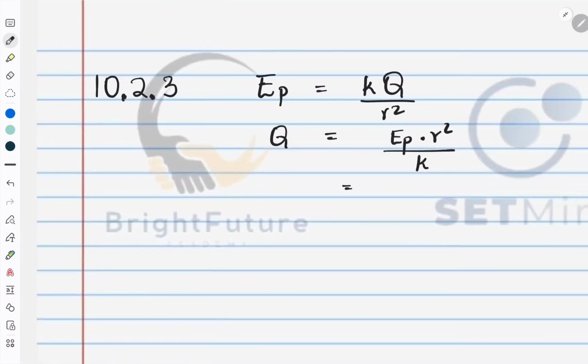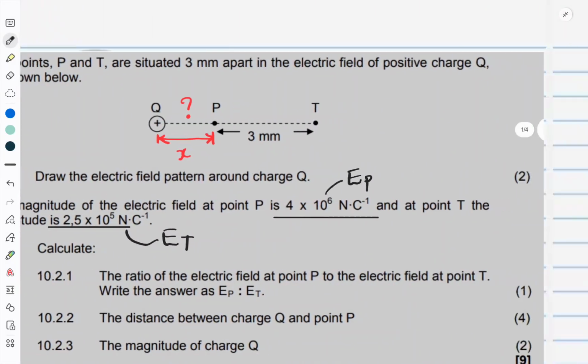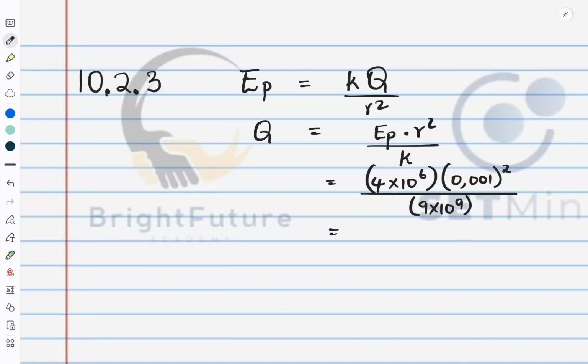Then we know we're given EP, right? EP is given to be 4 times 10 to the power 6. So we take that, we put it there, right? And we just calculated the distance between Q and P as 0.01. We square that, and then we put our constant there. Right, at grade 11 you should know how to make something subject of the formula from maths, so I hope this part is not confusing.